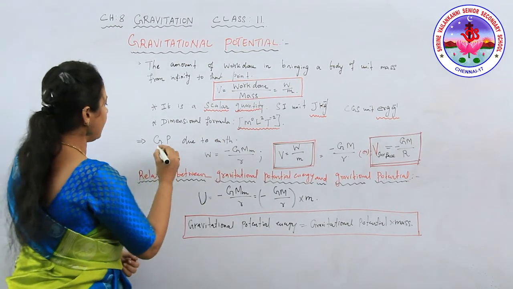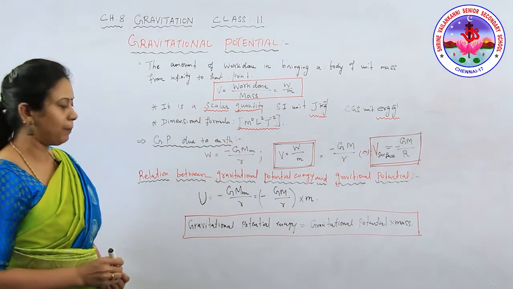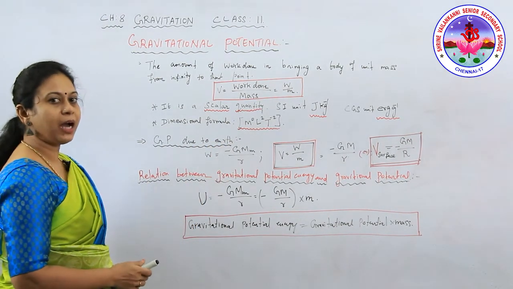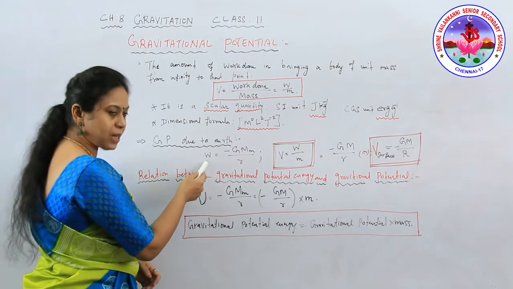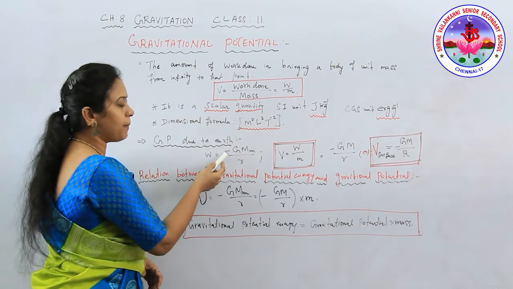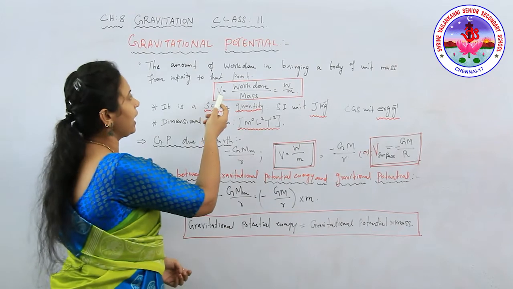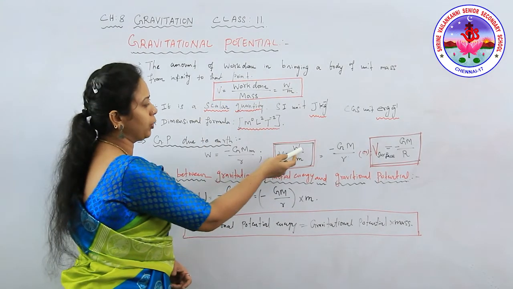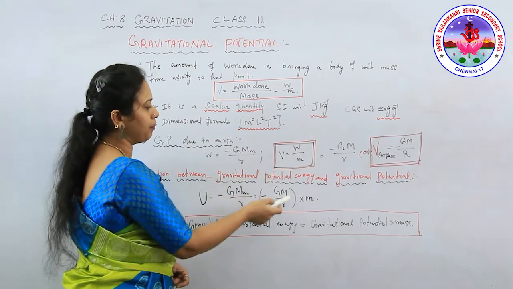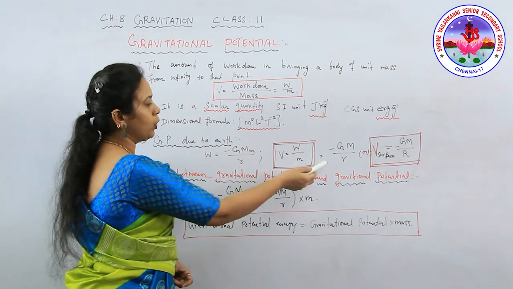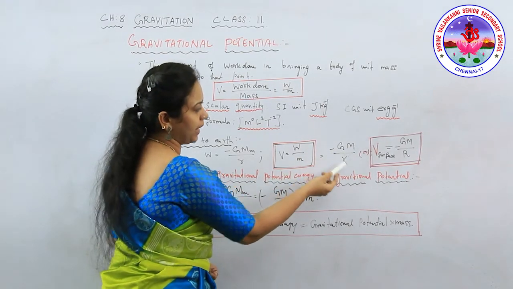The gravitational potential due to Earth, how will it be? From the previous derivation, we know that the work done W is equal to minus GMm by r. The gravitational potential V is equal to W by m. By applying the value of W, we get simplified minus GM by r.